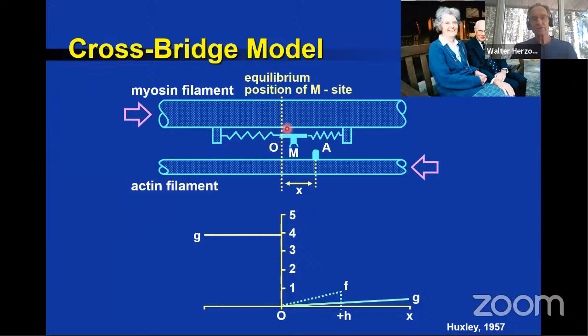And then this cross bridge would move around according to Brownian motion, and every once in a while would be in the neighborhood of an actin attachment site. So here is actin with a symbolized actin attachment site. And then the myosin would attach to the actin, and through the force of this spring-loaded system, it would then exert force and tend to pull the actin to the left in this particular case.